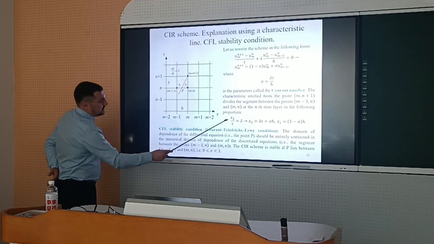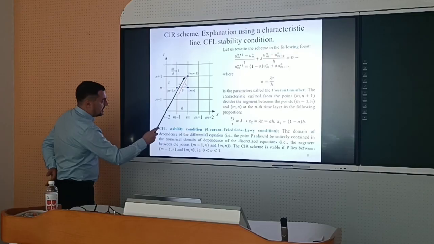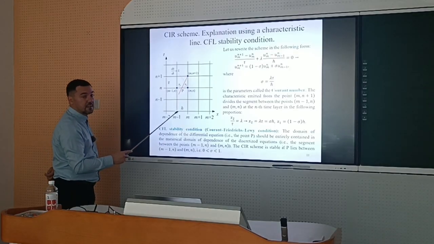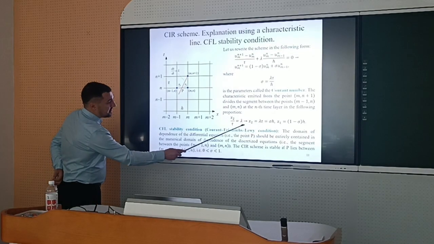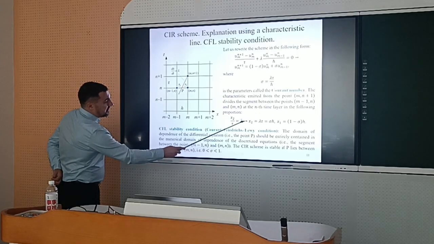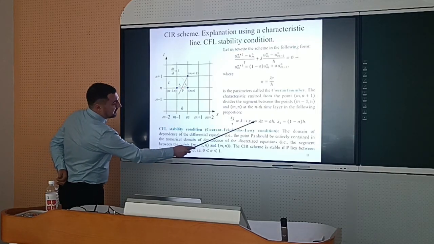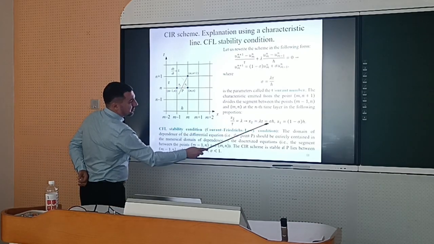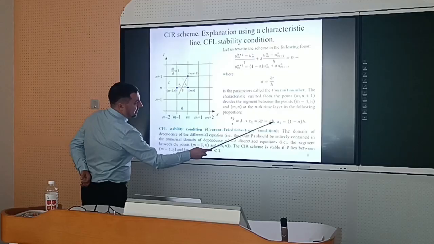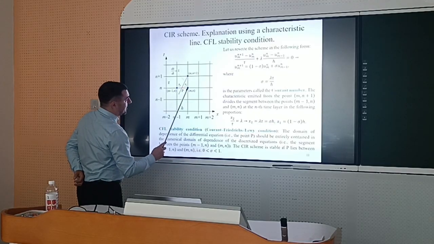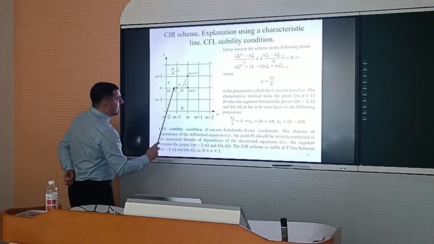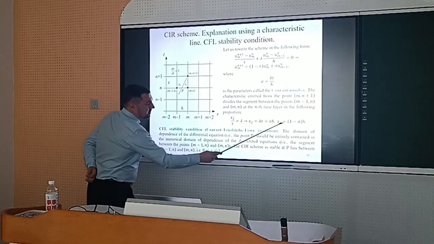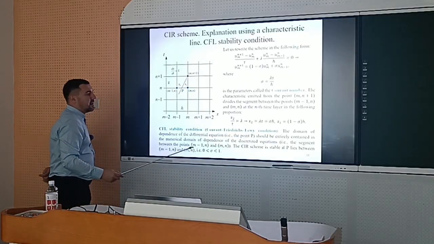So x2 over tau is lambda, because this is the characteristic line, dx over dt equals lambda. Then we can express x2. So x2 equals lambda tau, but lambda tau is sigma h. So it's sigma h, and so x1 is h minus sigma h, so it's (1 minus sigma) h.